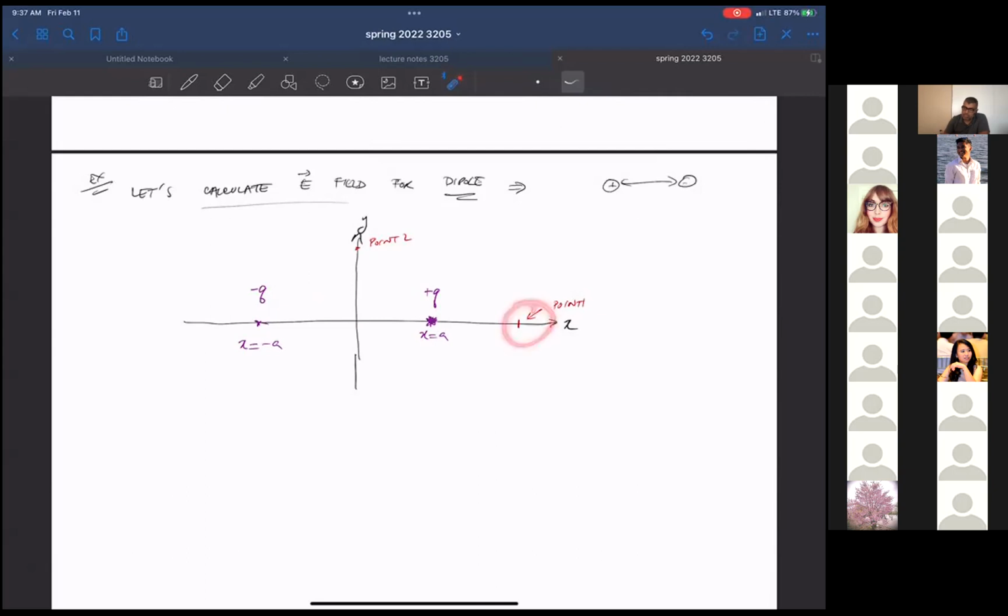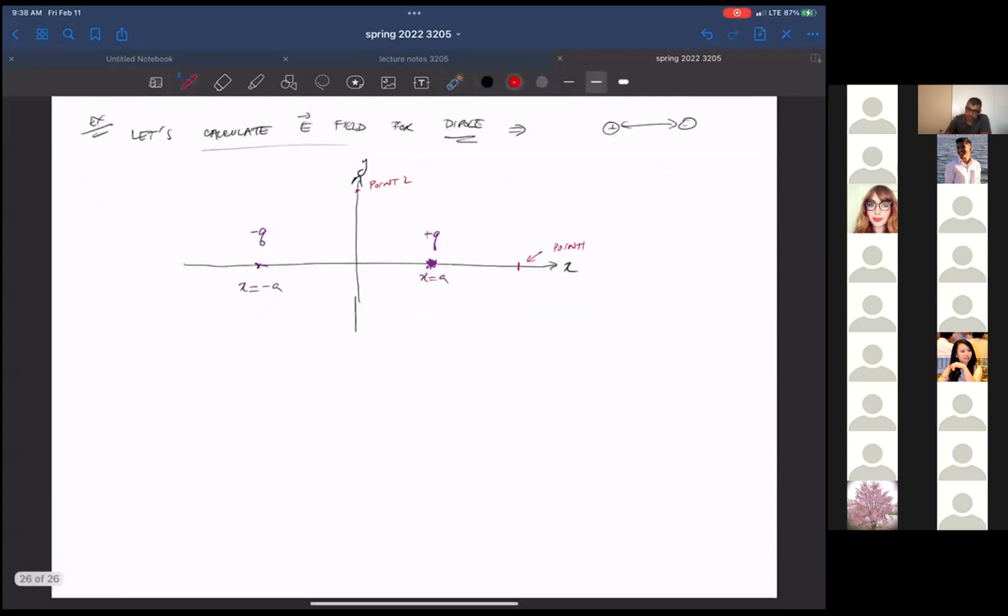And at the point on the x-axis, because it's sitting in the same line as the charges, the vector for this one is going to be pointing out, the vector for this one is going to be pointing in. So again, I don't have to worry about weird angles and stuff like that. So hopefully it'll be a little bit easier. But anyhow, let's calculate it.